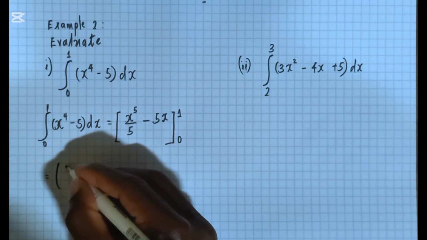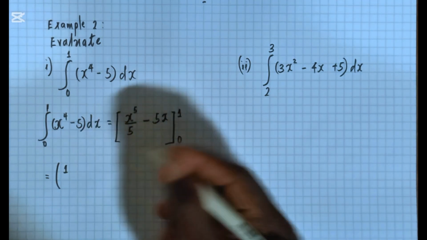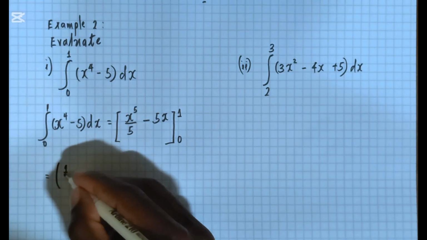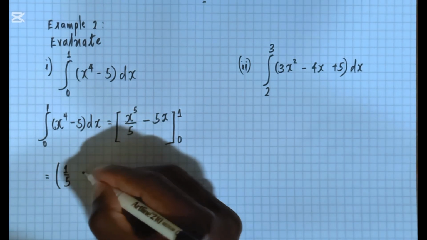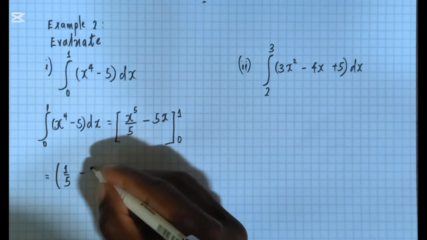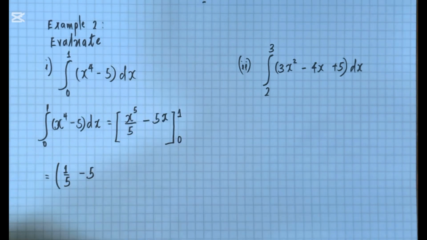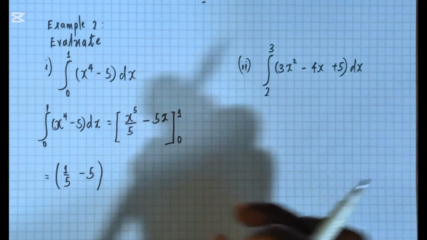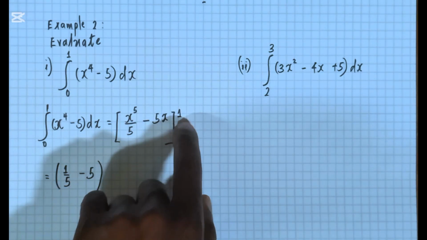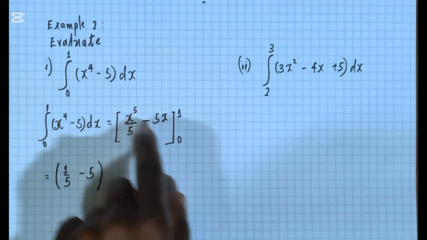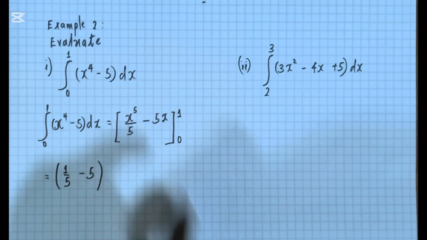So we are going to have 1 raised to 5, which will be 1, all over 5, all right, minus 5 times 1, which will basically be 5. And now that we have everything on the upper limit, we will then subtract by inputting the value of the lower limit in the equation.